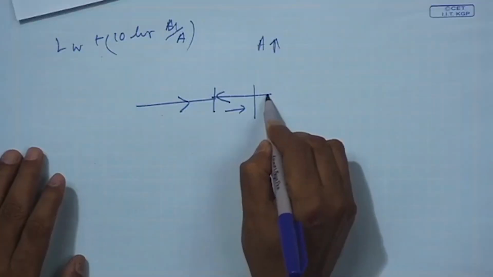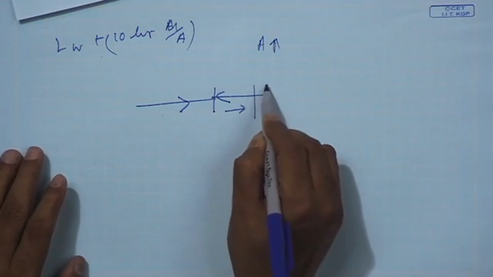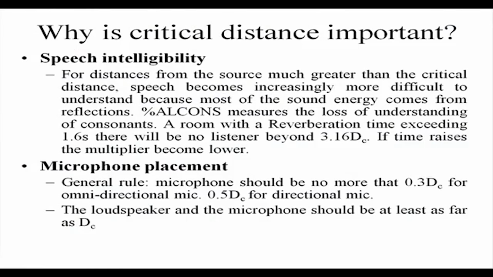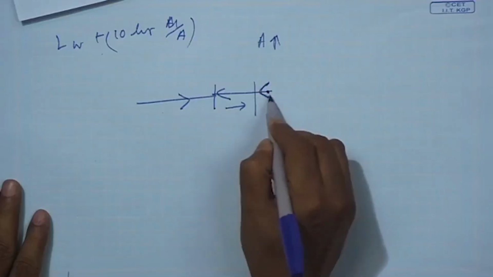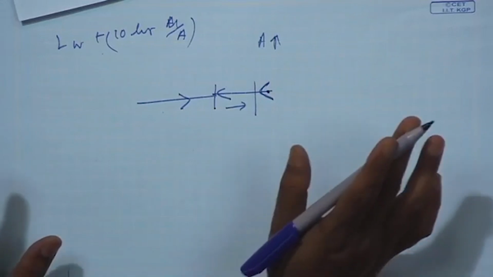So, if I go to such a point where the direct sound becomes less and less and only the reverberation sound is there, percentage loss of articulation of consonants, I will come to that, loss of understanding of consonants. Then the understanding of the speech is reduced, or the intelligibility of the speech is reduced.